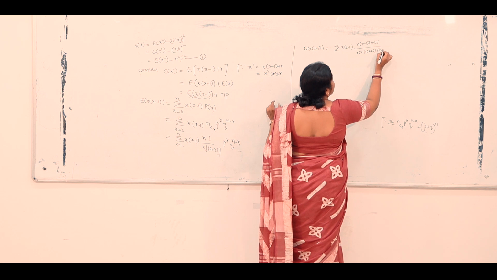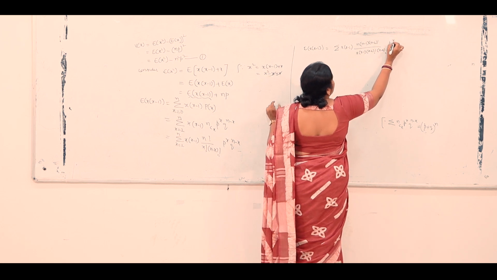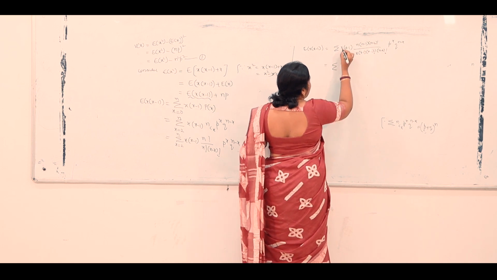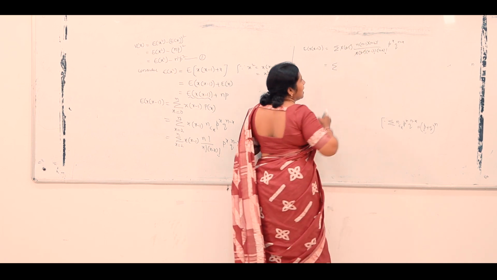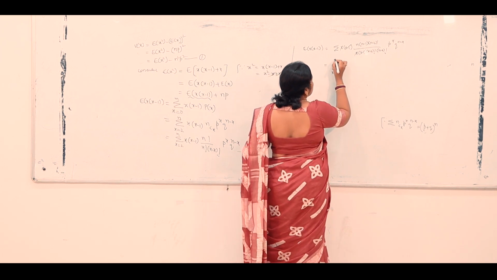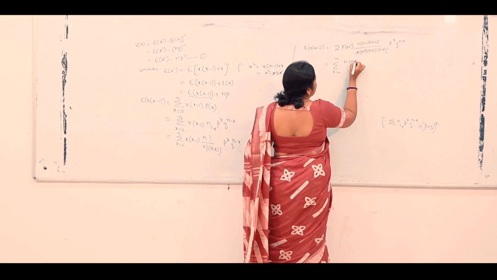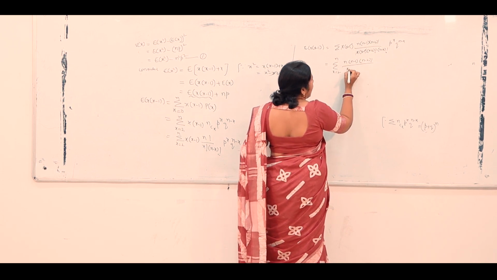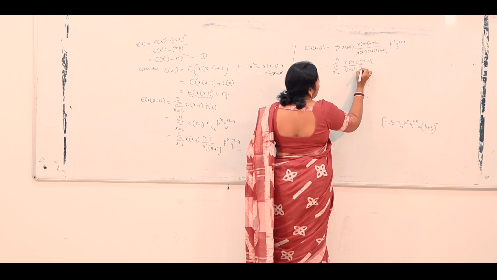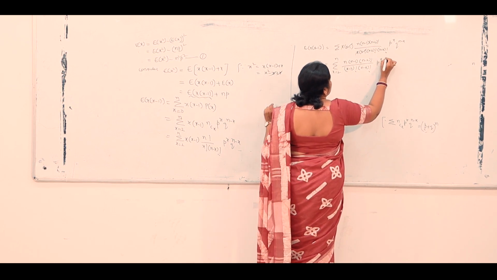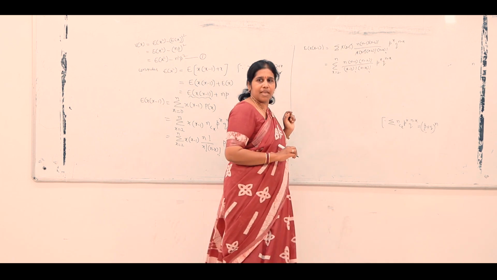n minus x factorial, p power x, q power n minus x. Summation x and x minus 1 will be cancelled out. So what is left out? x equal to 2 to n, n into n minus 1 into n minus 2 factorial over x minus 2 factorial, n minus x factorial, p power x, q power n minus x.